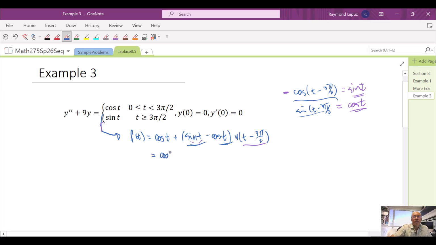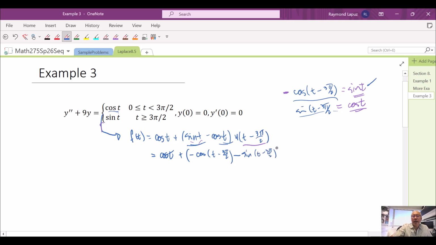So the cosine t here is not part of that shift. That's the first function. It's not part of the step function. But now I have sine t. Sine t is actually equal to negative cosine of t minus 3 pi over 2. And then I have cosine t, which is actually equal to sine of t minus 3 pi over 2.